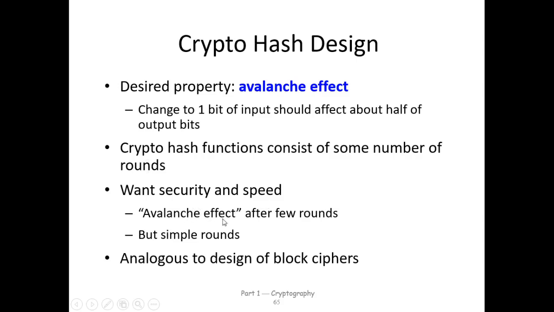The avalanche effect, that a change to one bit of input should affect about half of the output bits, is reached after a few simple rounds. Whatever rounds you go through are very simple rounds, analogous to the design of block ciphers.